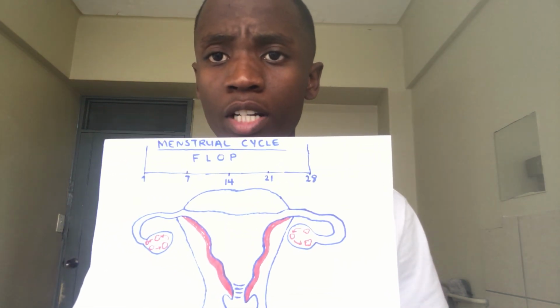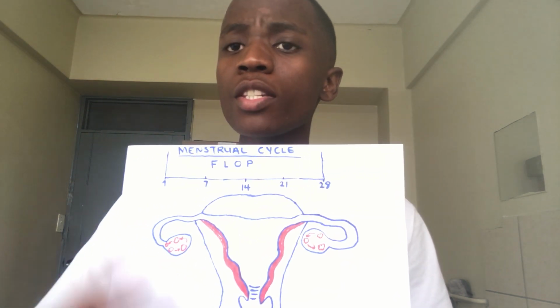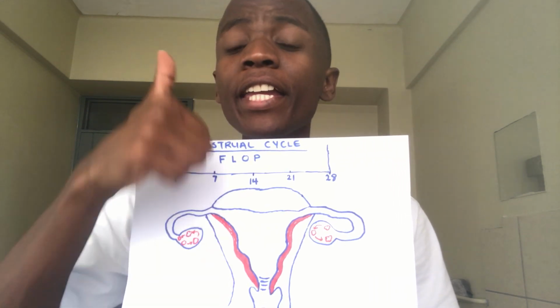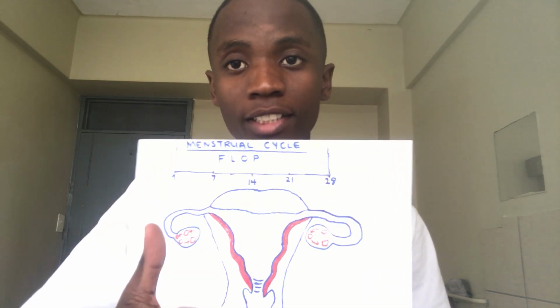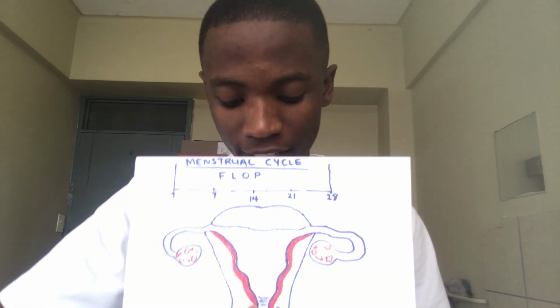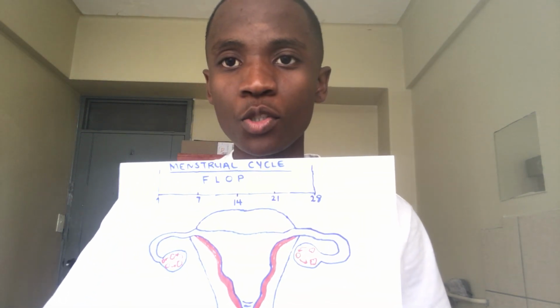So from day 22 to day 28, that happens in both areas, which is the ovary as well as the uterus. That's how it goes. But if fertilization occurred, meaning that a sperm was sent to the fallopian tubes to meet the ovum, okay?